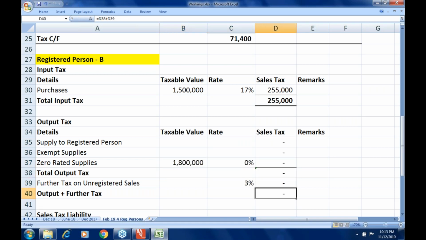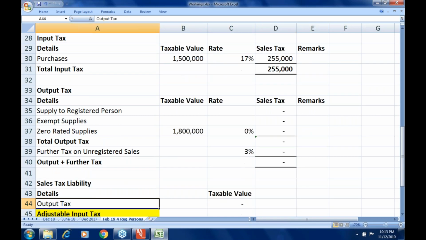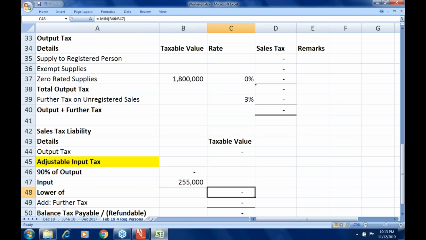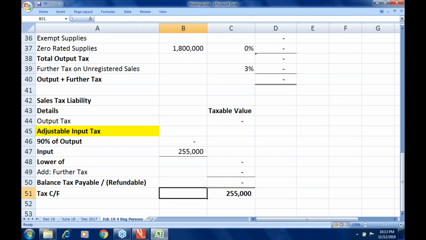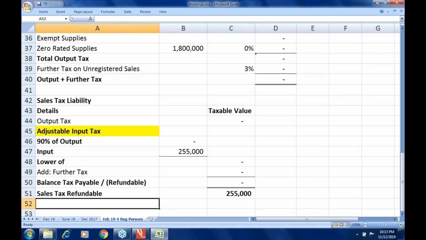So resultingly this is all 0%. And what is actually going to happen is you will have this sales tax refundable of 255,000 pertaining to zero rated. You'll have sales tax refundable of 255,000 pertaining to zero rated.